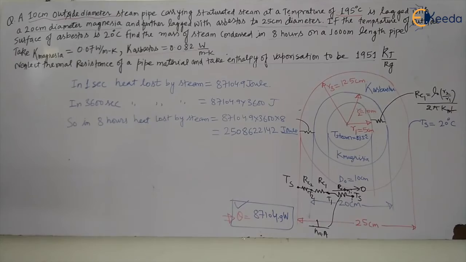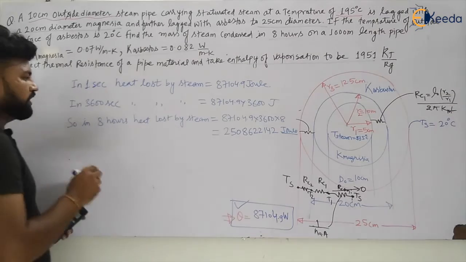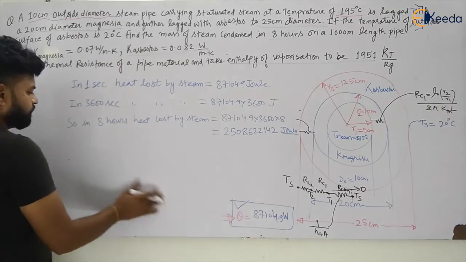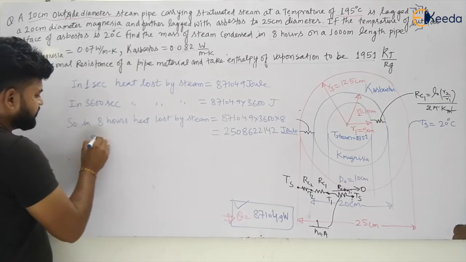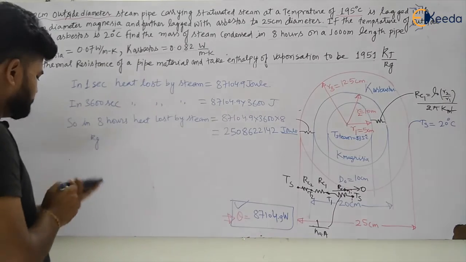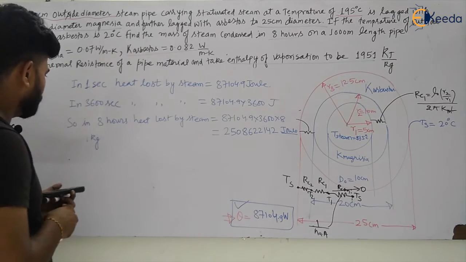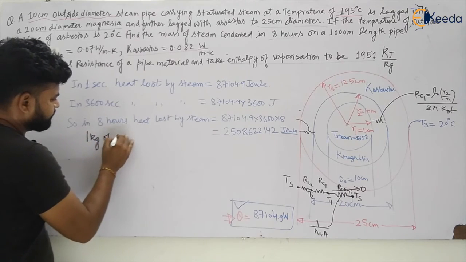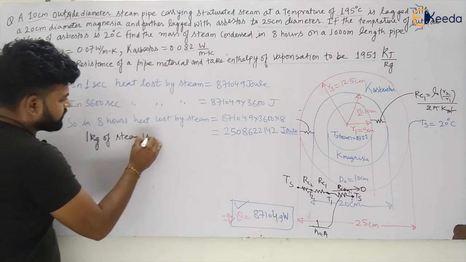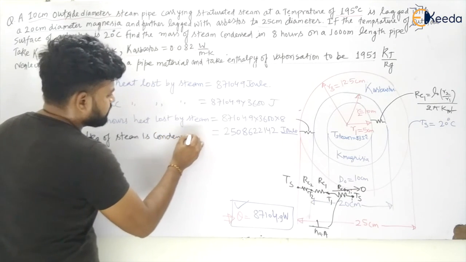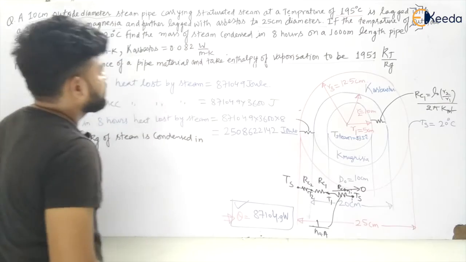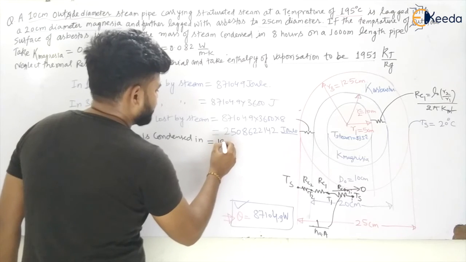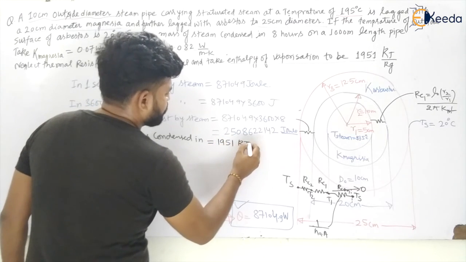So let us see, if enthalpy of evaporation is given to be this much, what will be the mass of steam condensed? Okay, so that is 1 kg of steam is condensed in 8 hours in 1951 kilojoule.